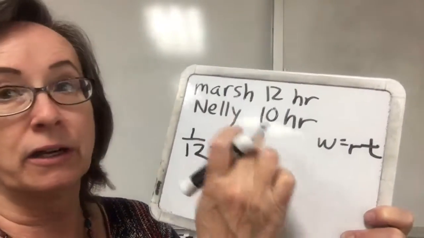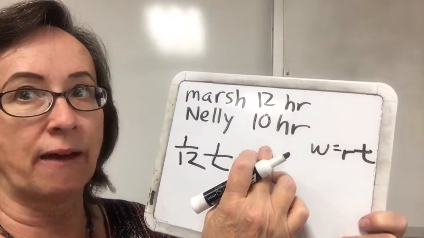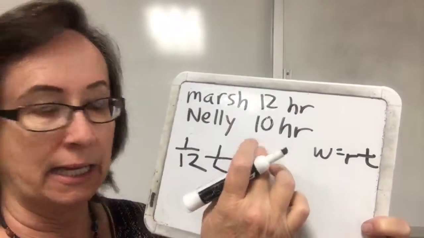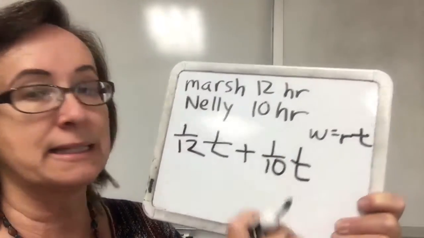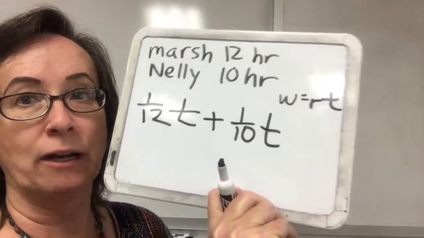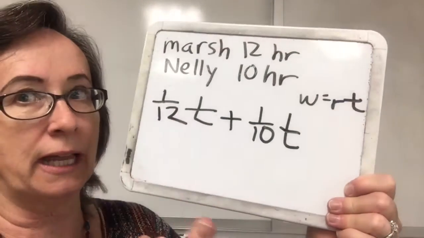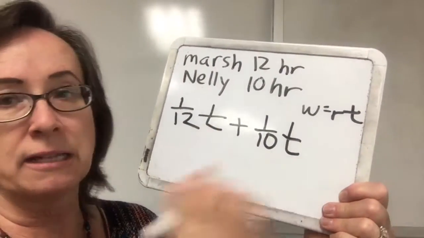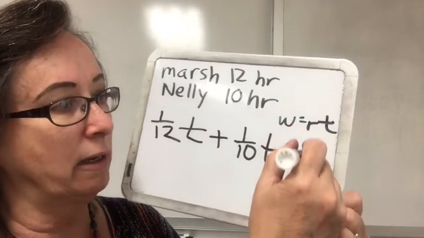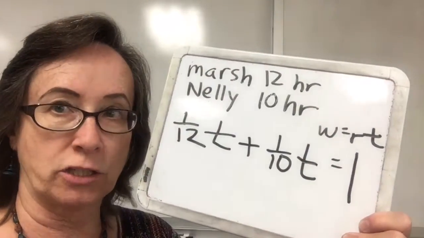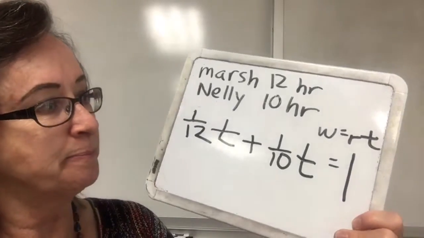And then his brother gets 1/10 of the job done in an hour. So his rate is 1/10 times, he's working the same amount of time. We're trying to find out what that is. So they're going to start together, they're going to finish together. That time is T. And together they're trying to do just one floor refinished, one whole job.